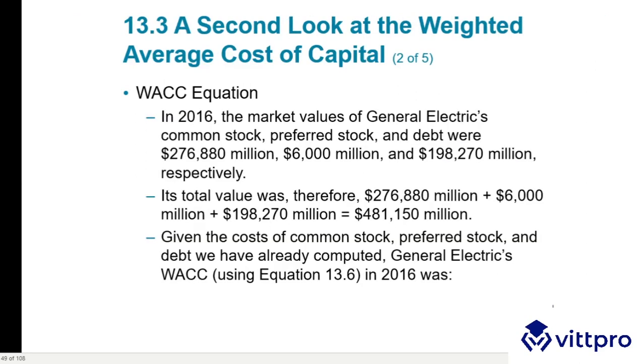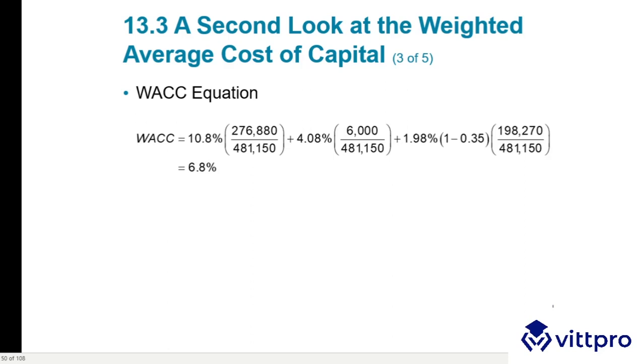If you calculate General Electric, which we have already calculated in the past, given the weights, their weighted average cost of capital comes to about 6.8%, which is 10.8% for equity, 4% for preferred stock, and 1.98% after tax for their debt. Their weighted average cost of capital comes to 6.8%.